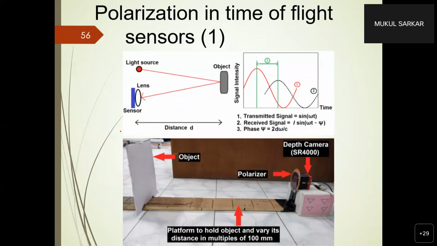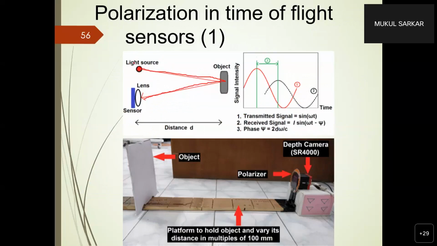In many cases, you will also need to measure the depth in bioapplication. Also, you will need to measure how far your blood vessel is from your skin surface. Polarization sensors can also be used for time of flight based applications. In time of flight based applications, you have a light source, it strikes the object and it is reflected back.